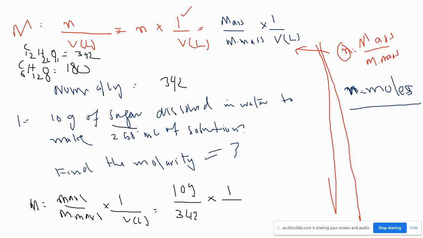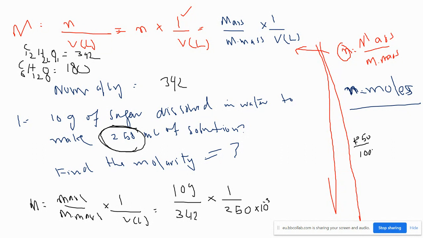Now, but here the volume is in milliliters, not in liters. You should be careful here. So I cannot write 250. This is milliliter. If I change into liter, I will divide by 1000, which means multiplying by 10 to the power minus 3. 250 milliliter is equal to how many liters?